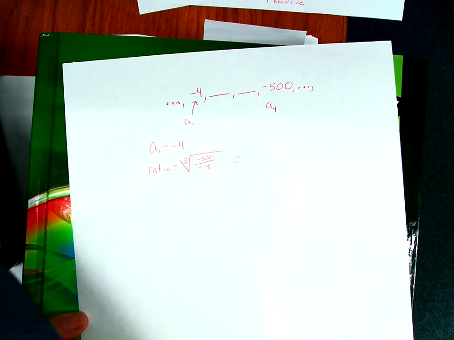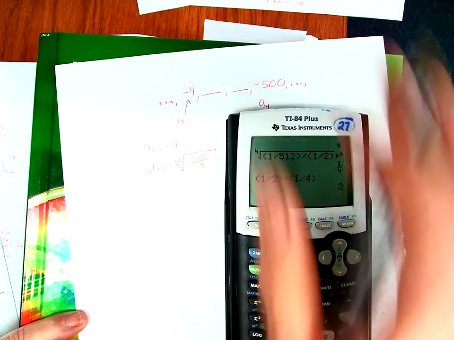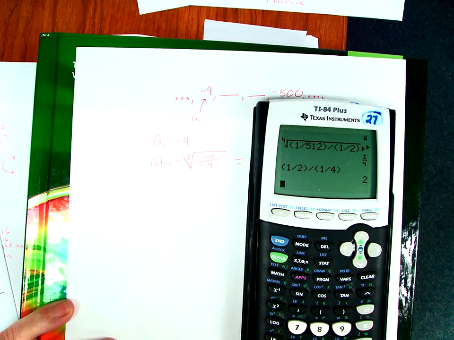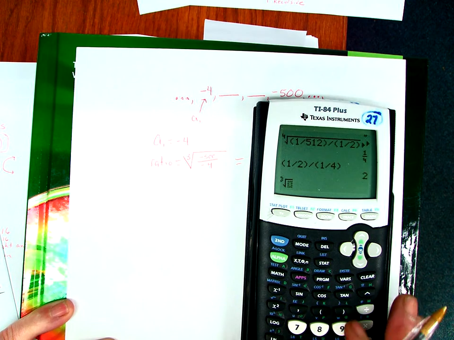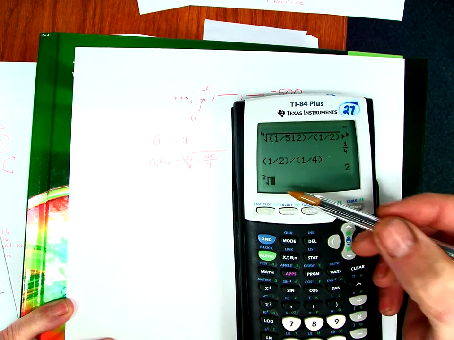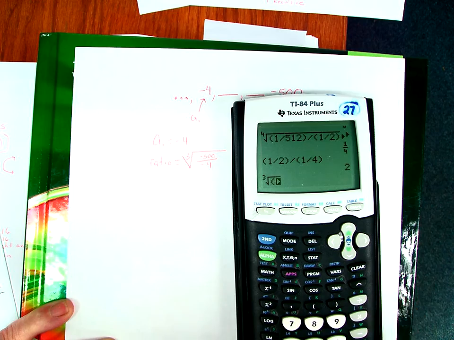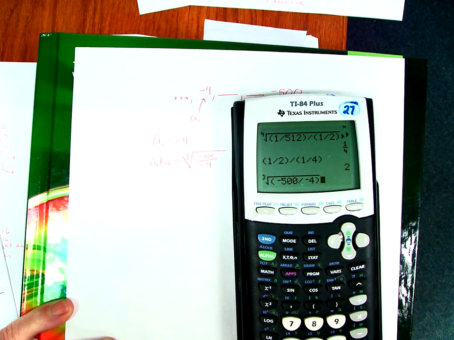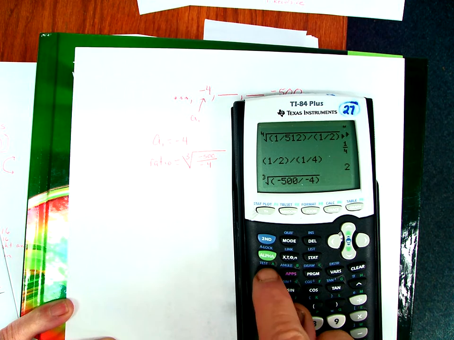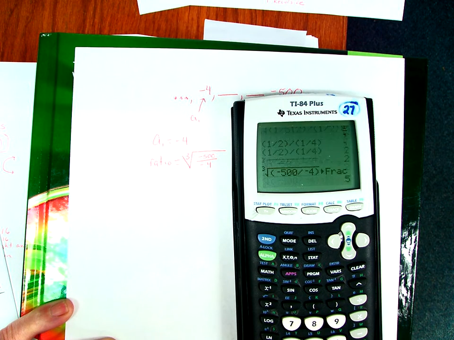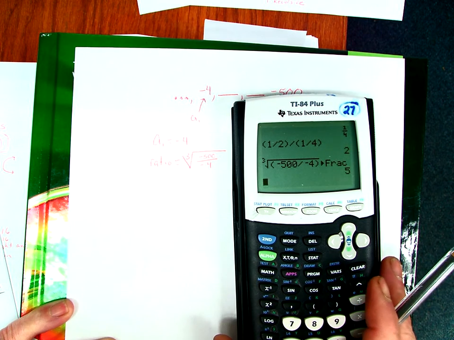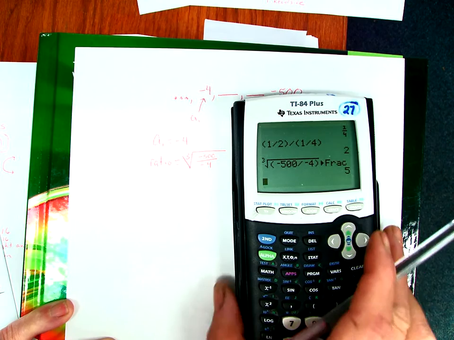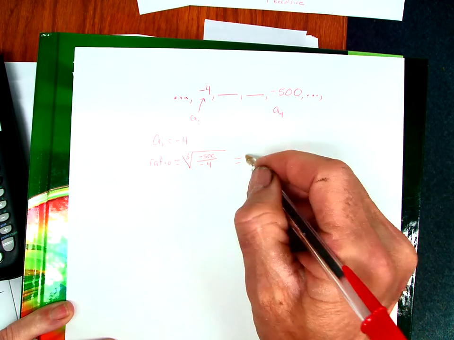But we'll just type it in the calculator that way anyhow. So here we go. 3, math, 5. It opens up the third root, and now I can type in -500 divided by -4. Make sure I get outside of the root symbol. Math, enter, enter. The common ratio is the number 5.